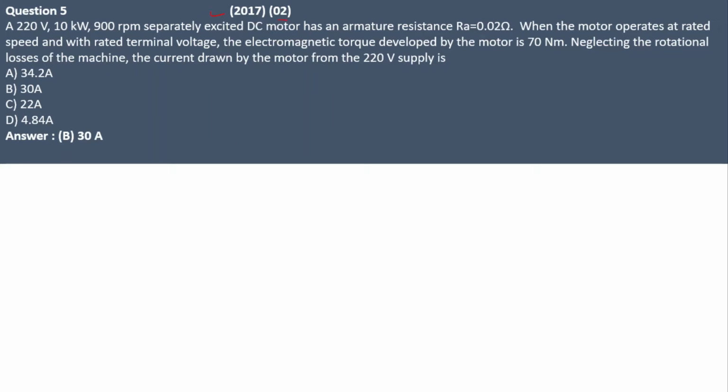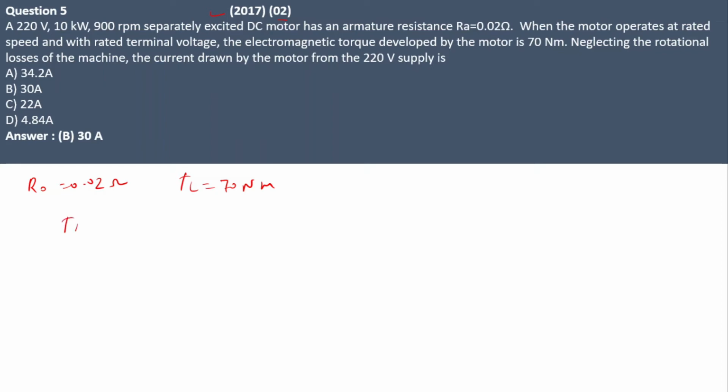A 220 volt, 10 kilowatt, 900 rpm separately excited DC motor has an armature resistance Ra equal to 0.02 ohms. When the motor operates at speed and with the rated terminal voltage, the electromagnetic torque developed by the motor is 70 Newton meter. Neglecting the rotational losses of the machine, the current drawn by the motor from the 220 volt supply is?